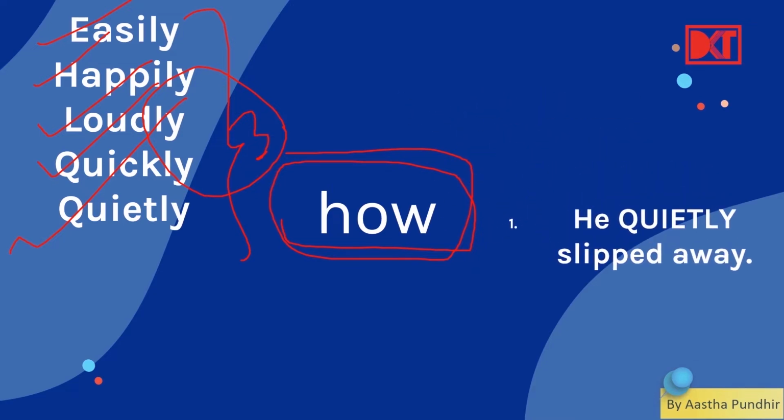Now this is one of the sentence examples of these adverbs. How do we use them in sentences? He slipped away. How did he slip away? He quietly slipped away. So the word answering the question of how is quietly. So the adverb is quietly here.